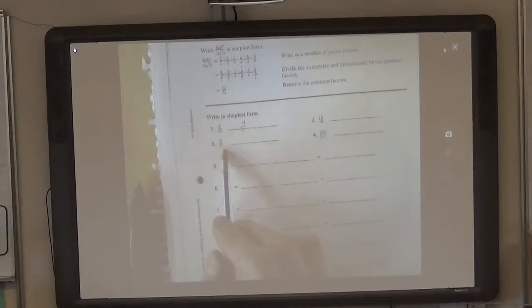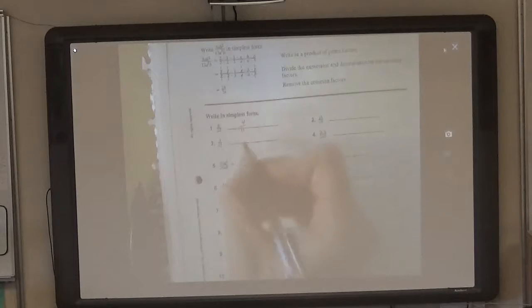What can you factor out of 9 over 21? What number can you divide them both by? 3. So 3 over 7.